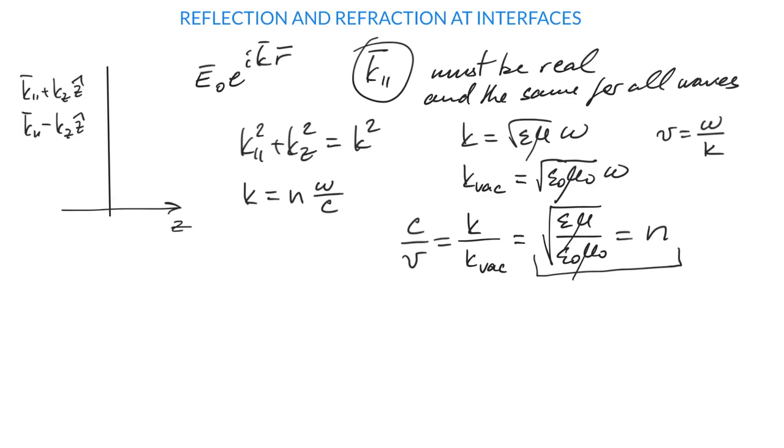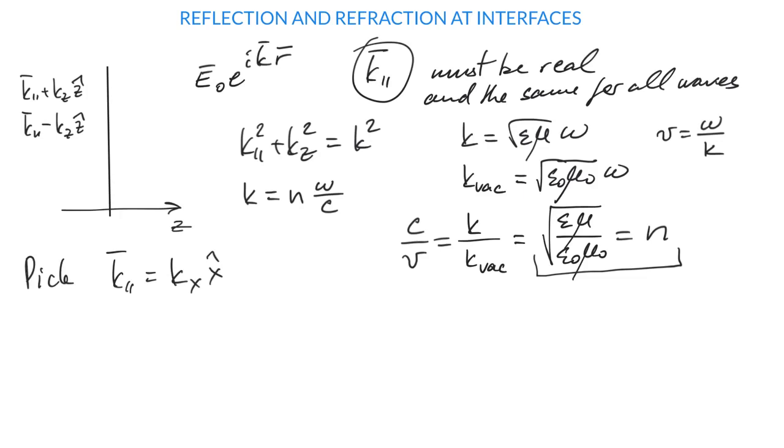Because k parallel is the same in all the regions in the optical system, we can align it with the x-axis, or rather pick the x-axis in the direction of k parallel, so that k parallel is then simply kx times x.